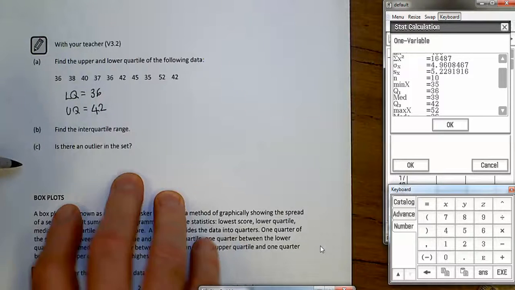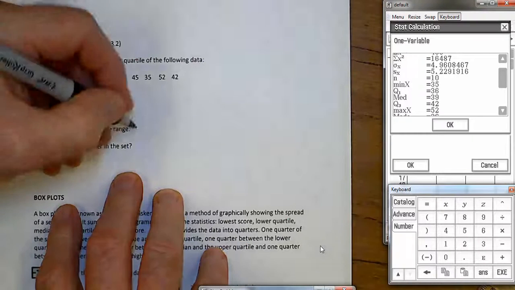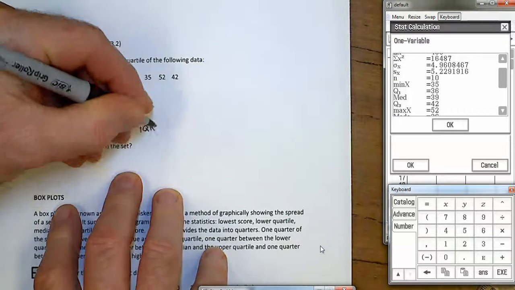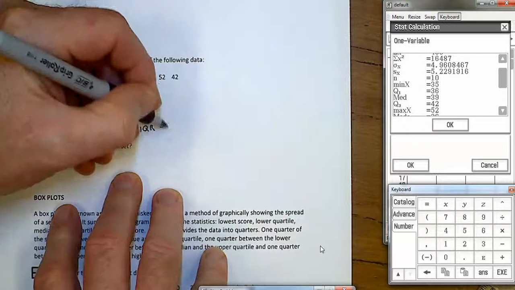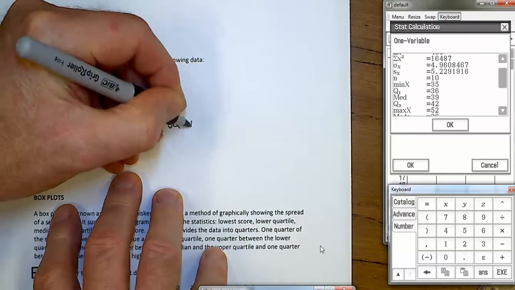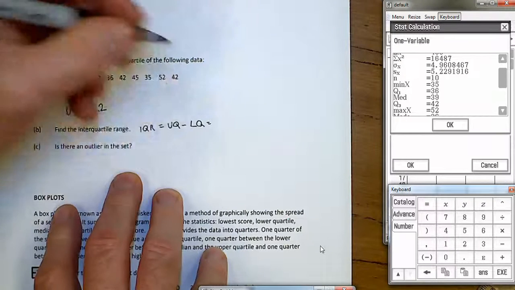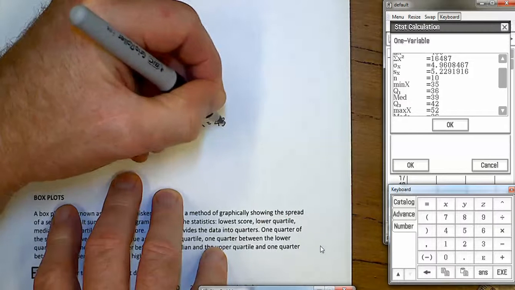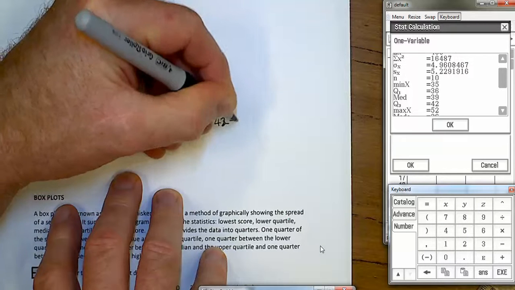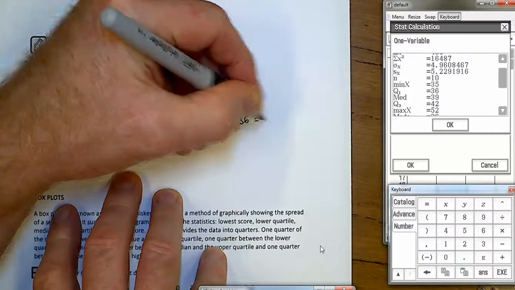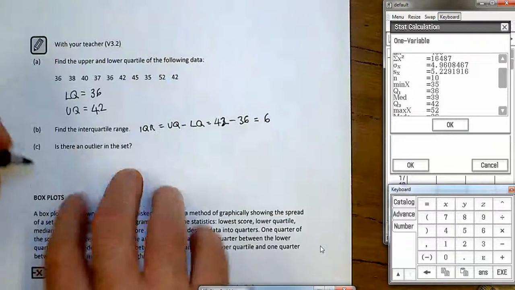The interquartile range is the difference between the two. The interquartile range equals the upper quartile minus the lower quartile: 42 minus 36, which is equal to 6.